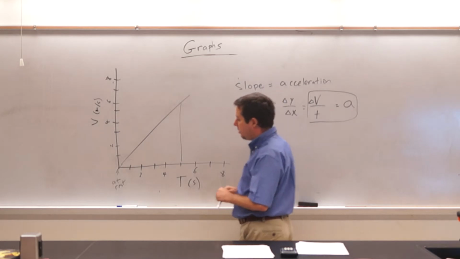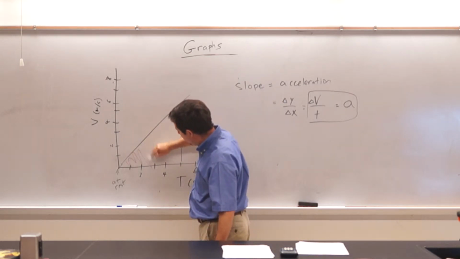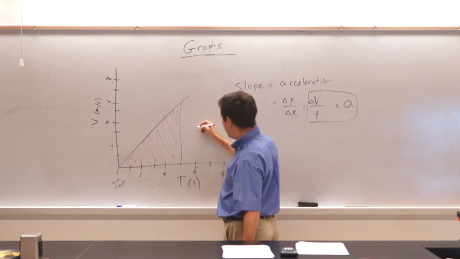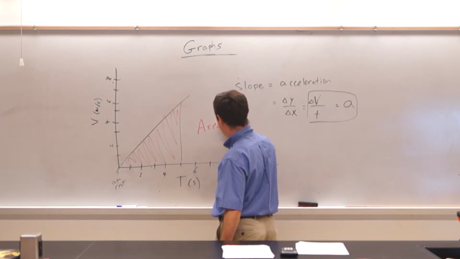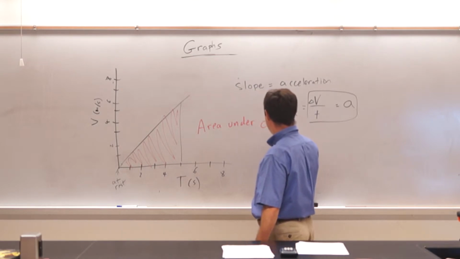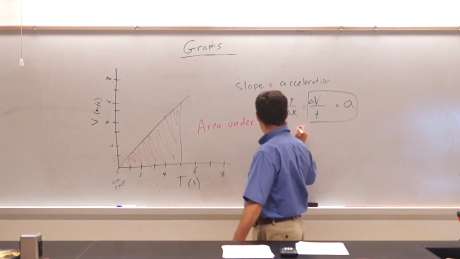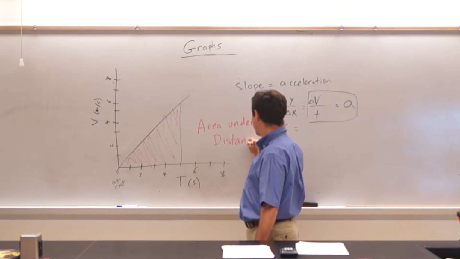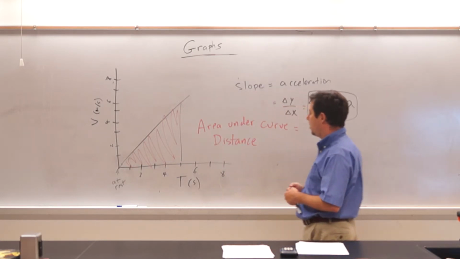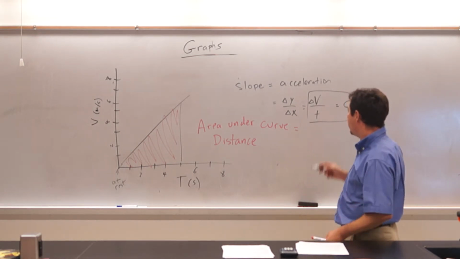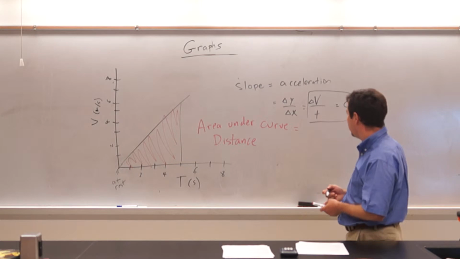If you look at the area under the curve here, that area under the curve is equal to the distance you traveled in that time. So for this particular example, you can figure out things like the slope and the area under the curve.